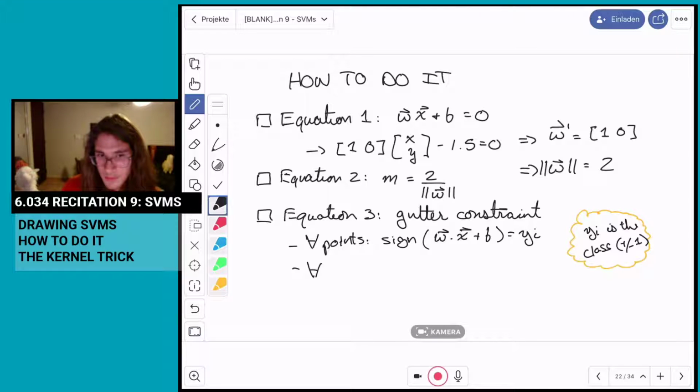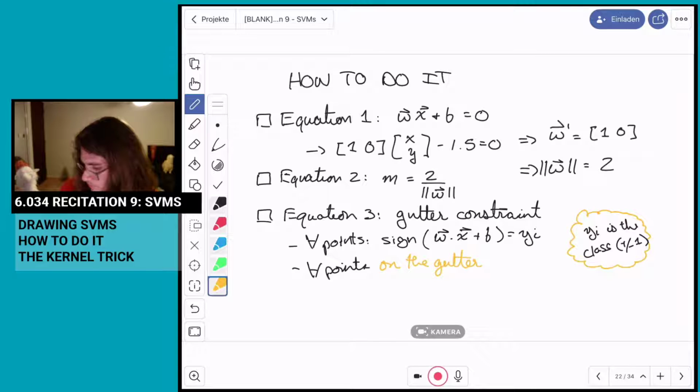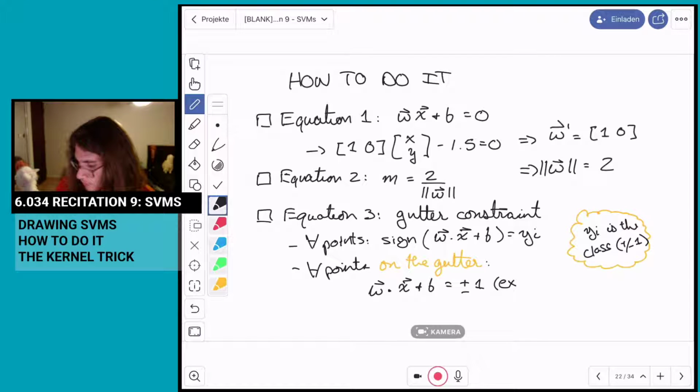So for all points on the gutter, at least my points are on the gutter and not my head, W vector dotted with X plus B is equal to plus or minus 1. And it's exactly plus or minus 1.